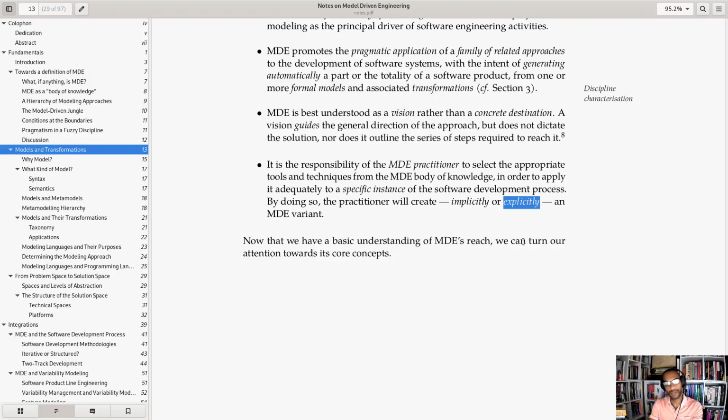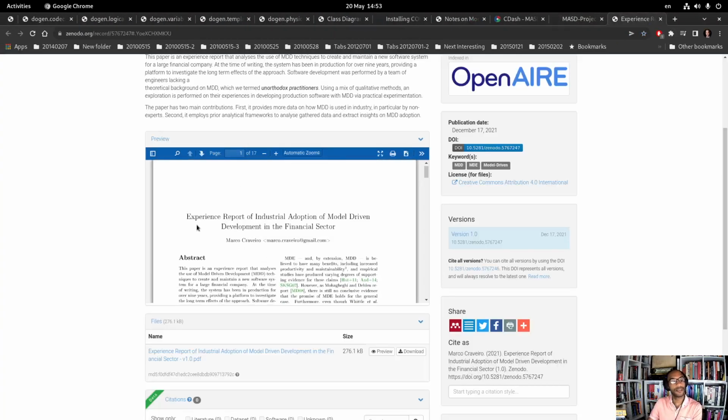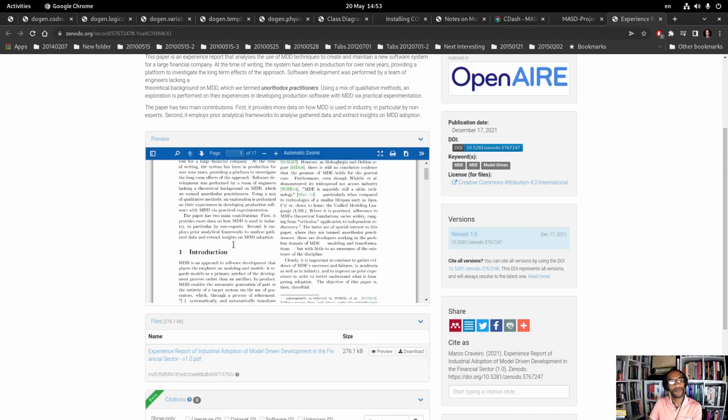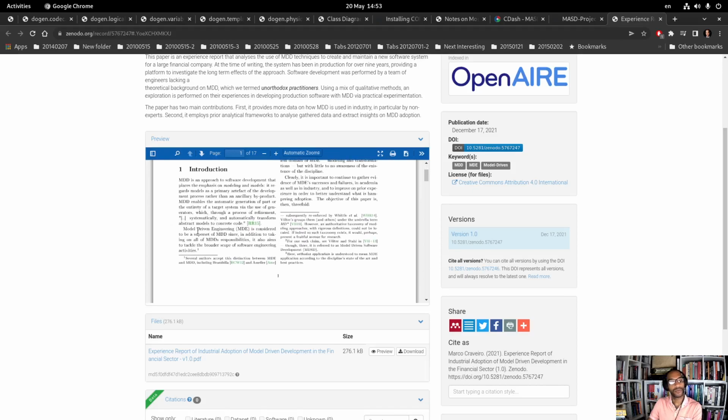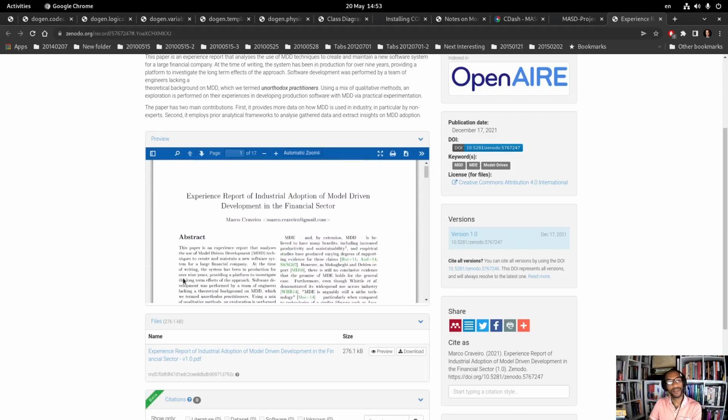So if we go back to our example of the paper that I wrote, the experience report, this is an example of an MDE variant that we created that is only used in that particular company. In order for you to understand this variant, of course, if you understand MDE, you would have the high-level constructs needed to understand what we did.